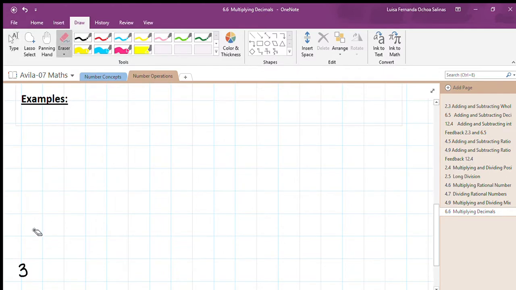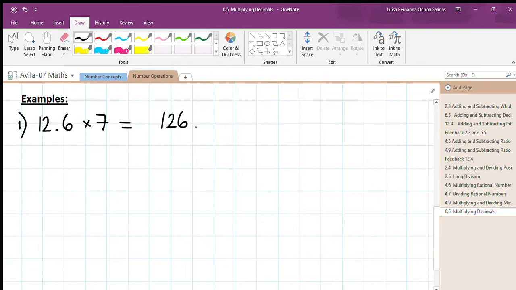So let's work on some examples. I'm going to rub this out, this 3 that I have in here. Okay, so if I do 12.6 times 7, how can I write this as a fraction? Actually, I'm not going to write this one as a fraction. I'm just going to do the operation, the algorithm of what you actually have to do. But I'm going to highlight how many decimal places I have in my problem.